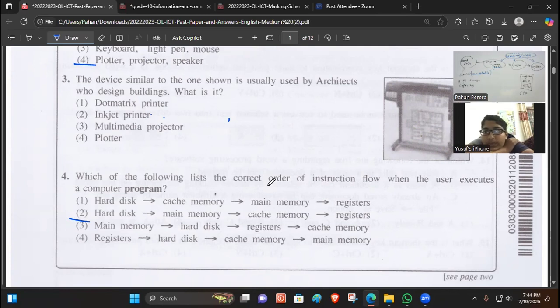Okay. Then again, hard disk has high storage, but it is slow. Therefore, only required data will be taken from hard disk to main memory. Why? The main memory has low storage capacity, but the speed is higher than hard disk. All the data stored in the hard disk is not useful right now.